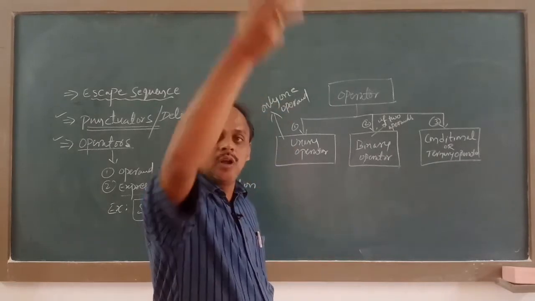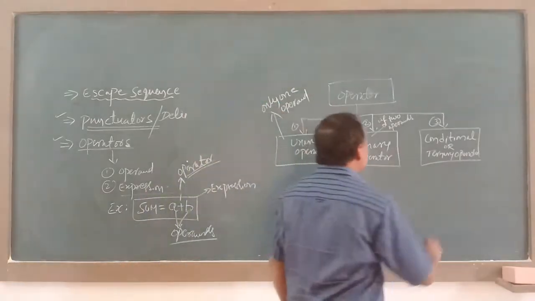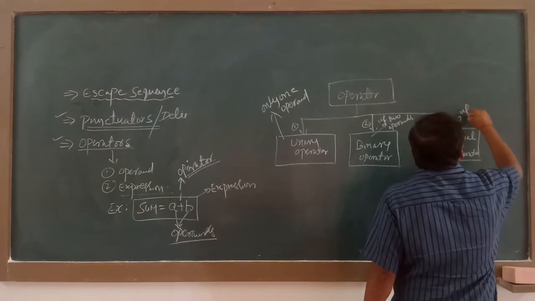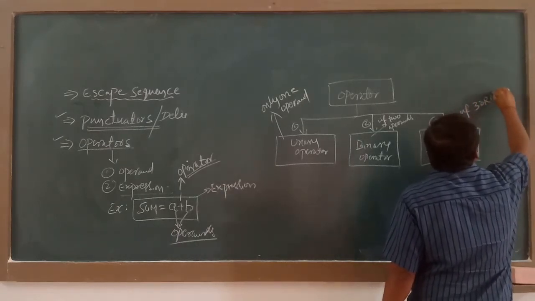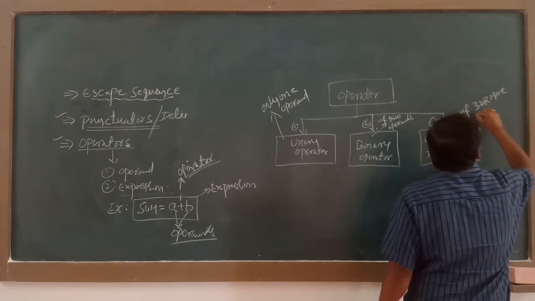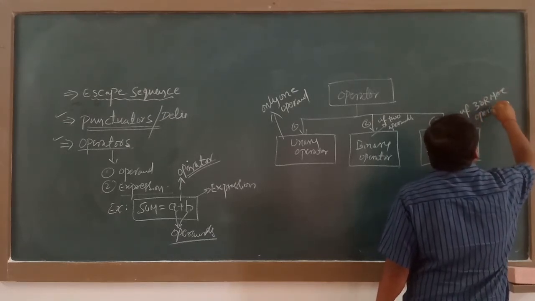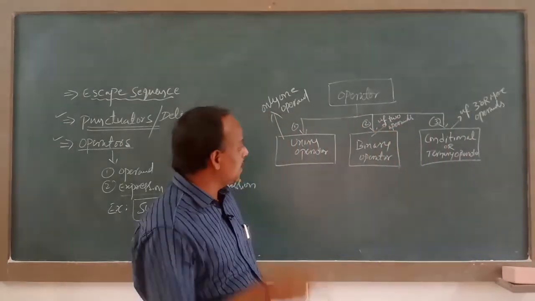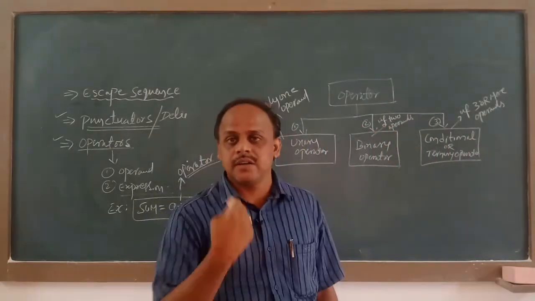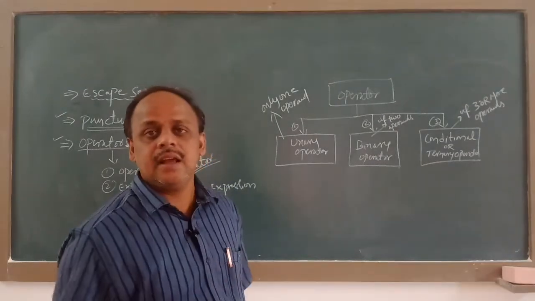Suppose three or more operands are there, at that time we are going to use the conditional operator, which is also called the ternary operator.